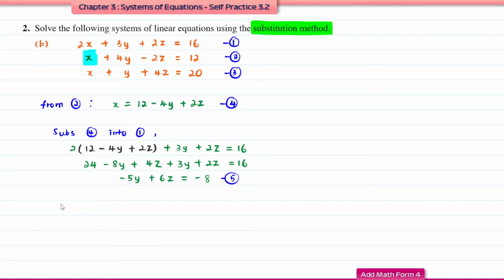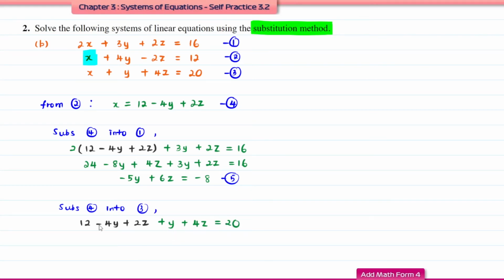So next, I'm going to substitute equation number 4 into equation number 3. So the x here, I'm going to substitute it with 12 minus 4y plus 2z. Later on, plus y plus 4z equal to 20.